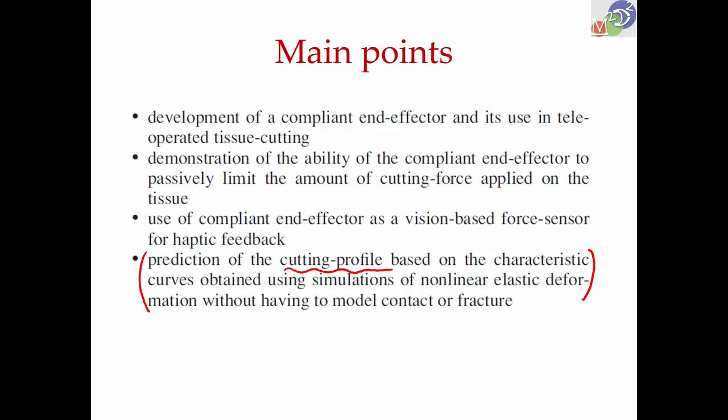That not only tells us how to estimate the force, but also the cutting profile once you know the stiffness of the workpiece. So, a compliant mechanism can be used in applications where rigid ones will not be suitable.